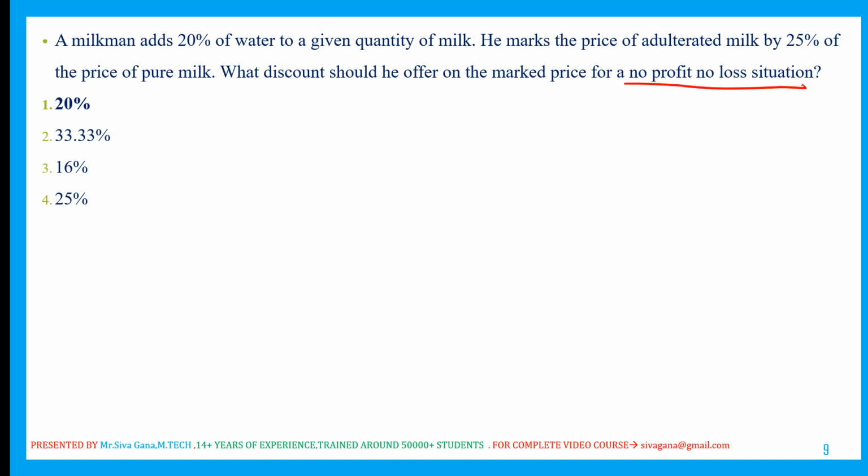Understand this question in a better way. Let us say 100 liters of adulterated quantity is there, whose cost is 100 rupees.